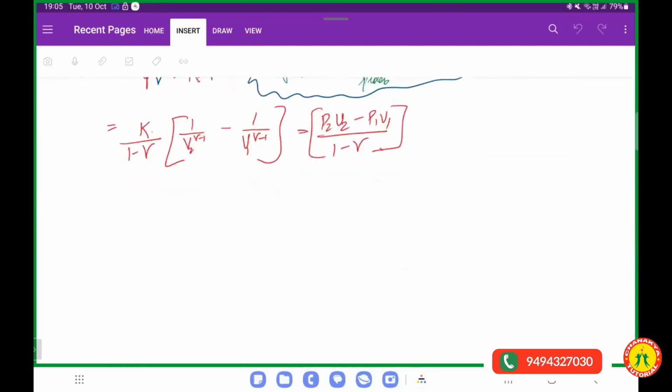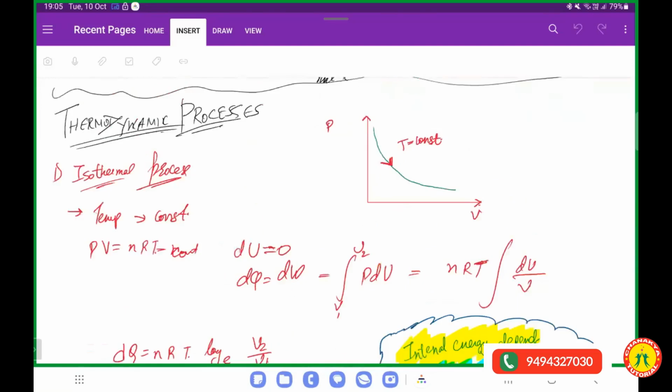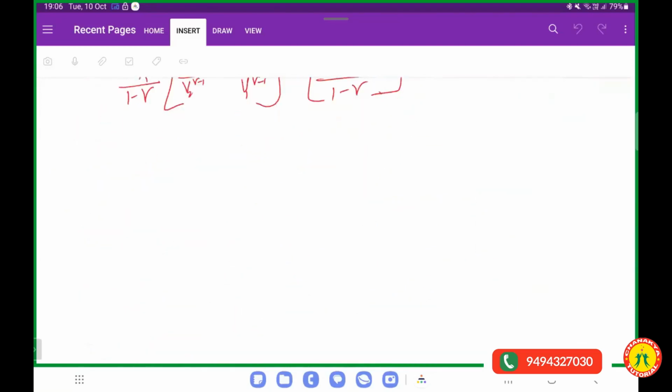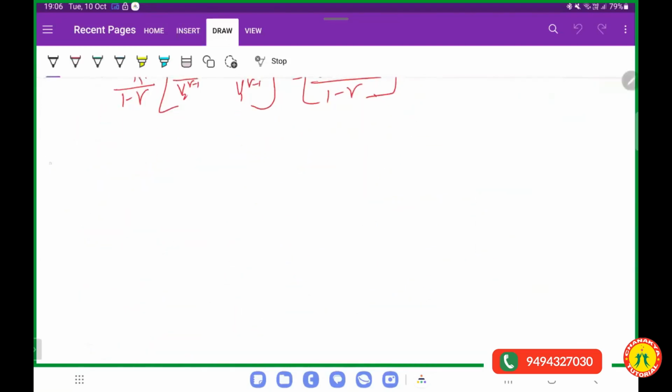So yesterday we saw what? Isothermal and adiabatic. Now we'll see isobaric. Same thing, what we saw before also.